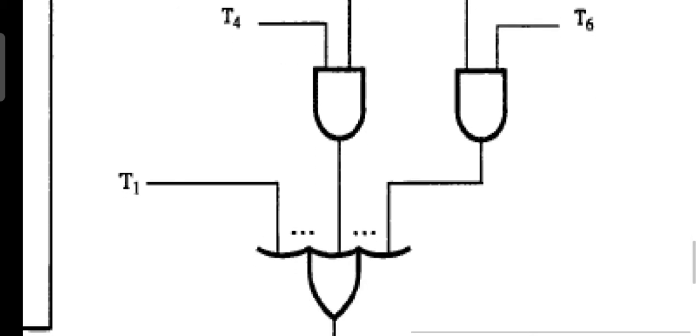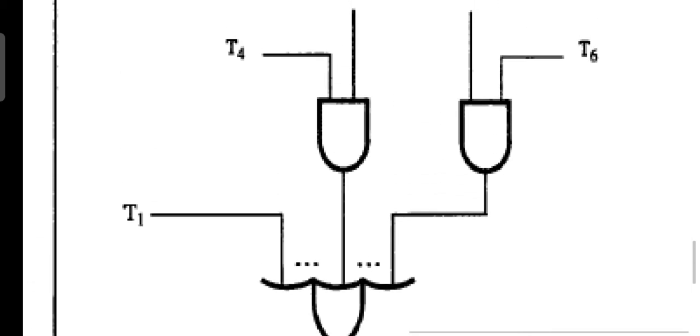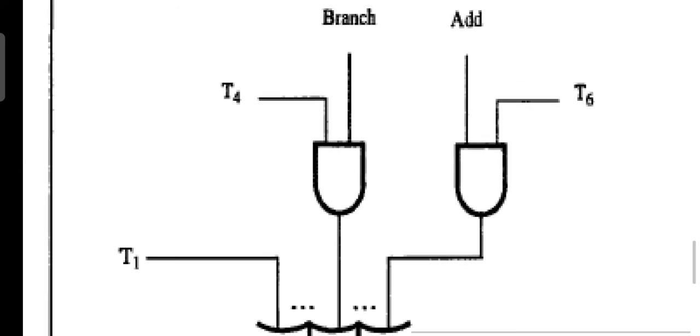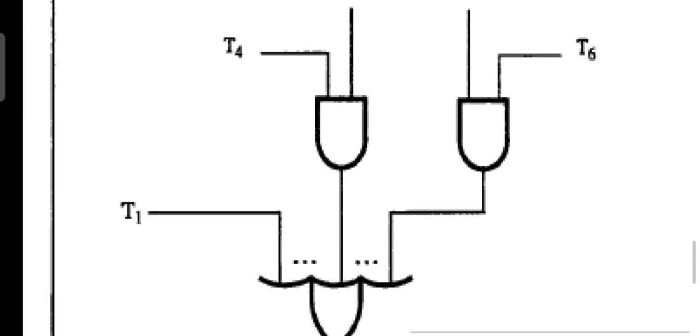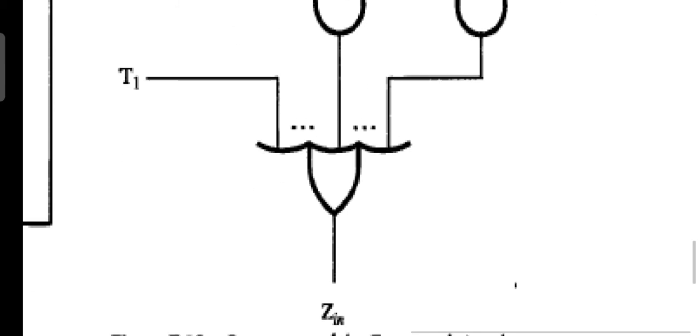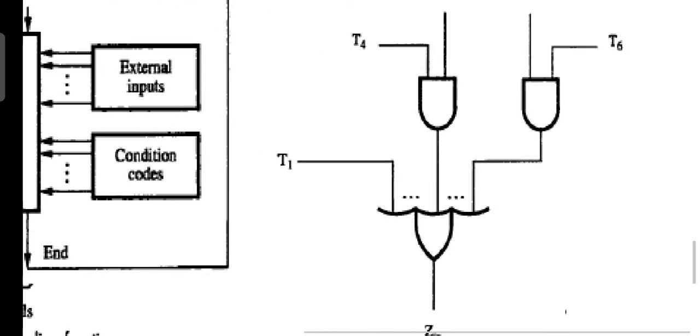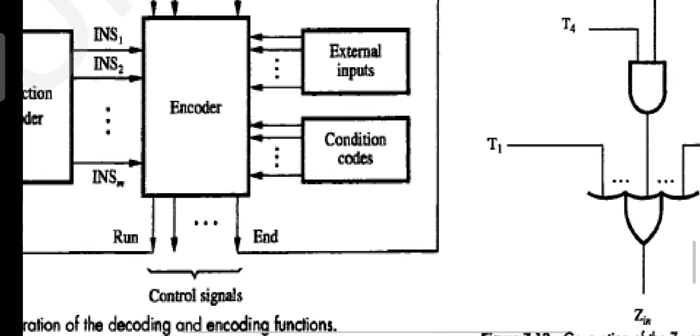So the outcomes of these two AND gates are provided as input for the OR gate. So T1, or the compound result of T4 and branch, that is the second operand. The third operand will be the compound result of add with T6. In that way, Z in will be produced. As I told you earlier, a control signal is nothing but a set or combination of logic gates. Using a combination of logic gates, the control signal is generated. Okay, that is about the hardwired control.